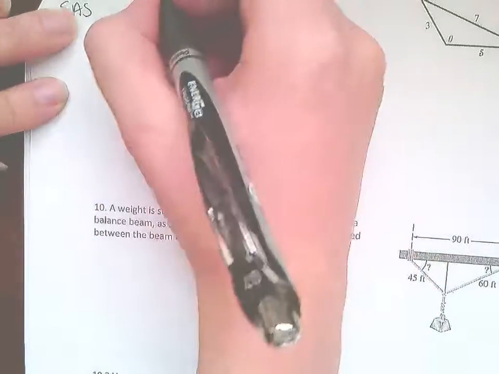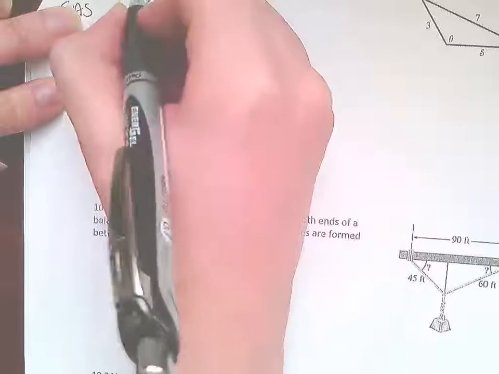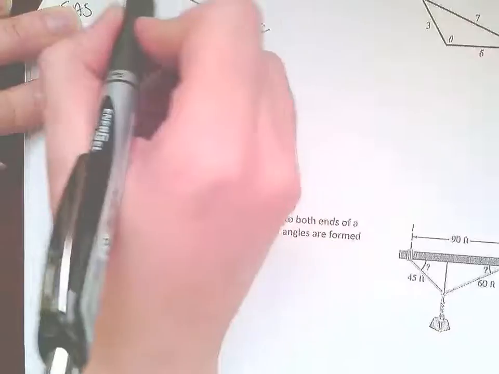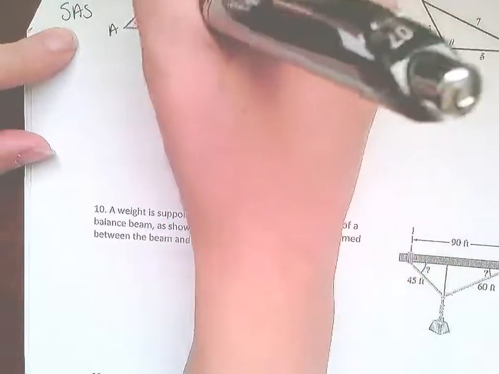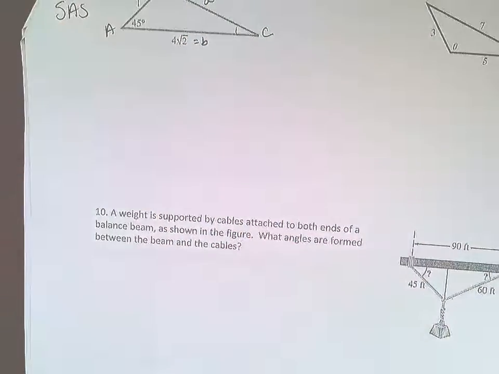So if I label this triangle ABC, this is my B and this is my C, and I need to find the length of the missing side or angle of each triangle. So I need to find angle C, angle B, and side A.